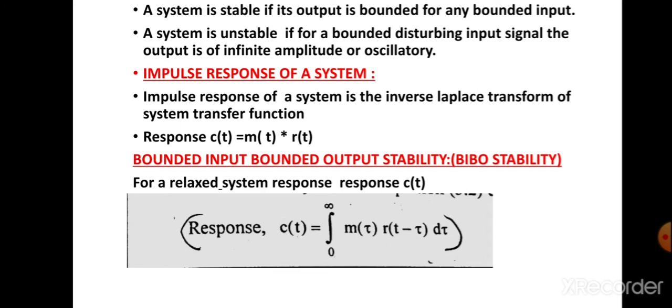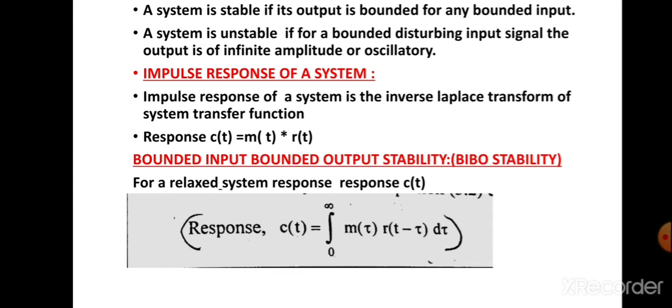So we can write the impulse response C of t as m of t convolved with R of t, where R of t is the impulse and m of t is the time domain system transfer function. The impulse response is obtained by the convolution of the system transfer function and the input impulse.